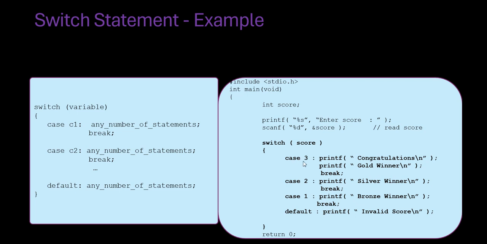Then we can assign cases. Case 3, printf, congratulations, gold winner, break. If we satisfy case 3, then we run those printf statements and break. If we satisfy case 2, then we run these, then break. That is how switch statement works.